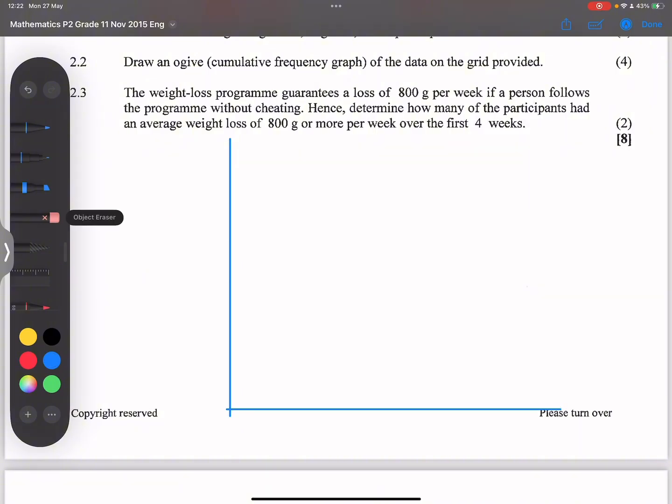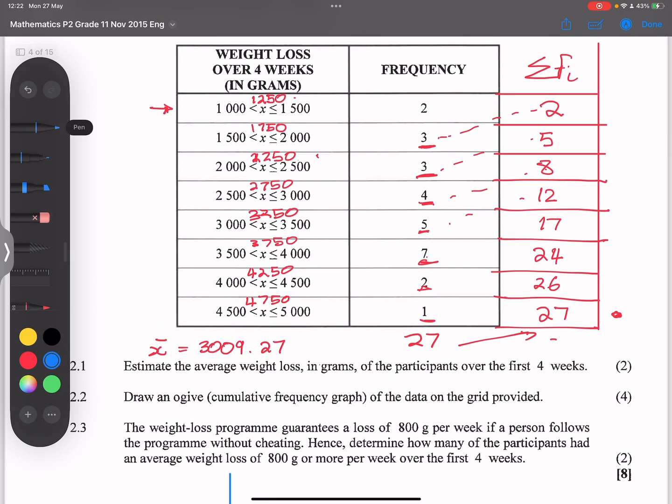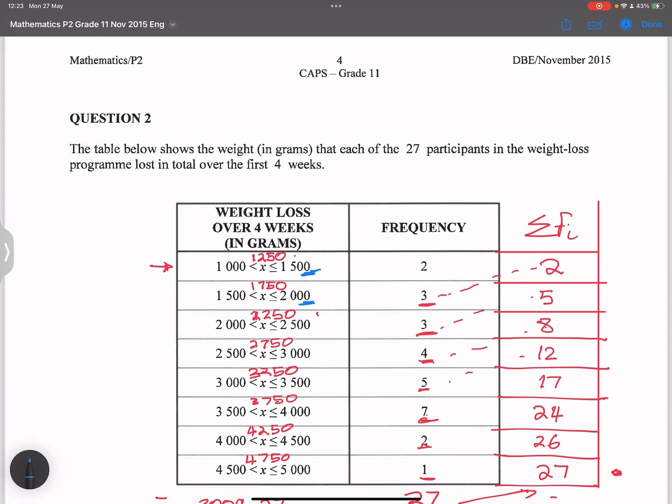Now remember, when you draw the ogive, you are going to take the upper bounds in this case. So I'm going to have a value 1500 at 2000. I'm going to have another one at 2500, and so on and so forth.